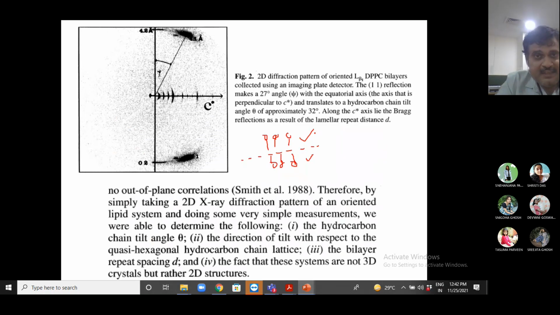How? This is the diffraction pattern we get from the structure of the lipid bilayer. You see there are two spots, correct? One big spot here and one big spot there, and there are spots at regular intervals along this C axis, correct or not? Yes, sir.